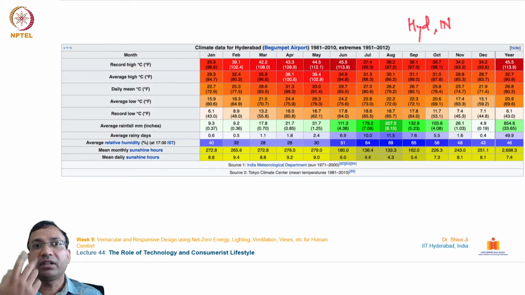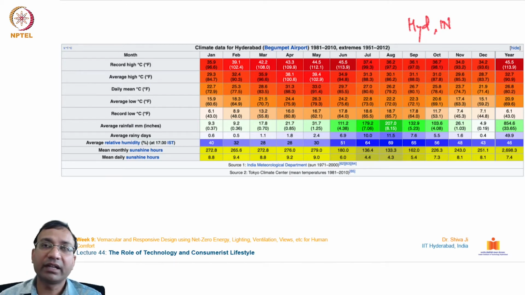A typical climate chart for any city, this example I have taken from the city of Hyderabad in India, shows the average daily mean temperature in centigrade, the average high in the different months, the record high, with data from 1981 till 2010, and the average low and record low.